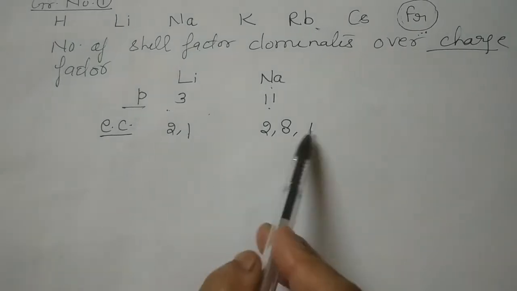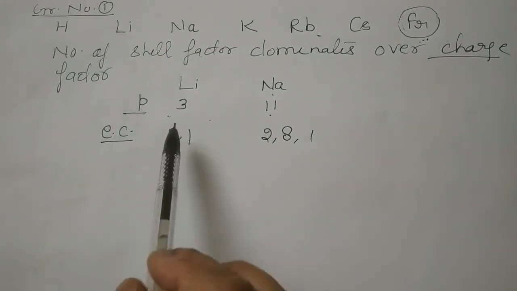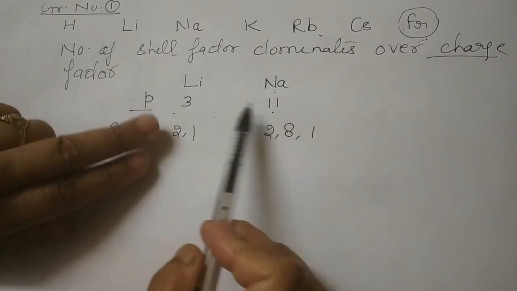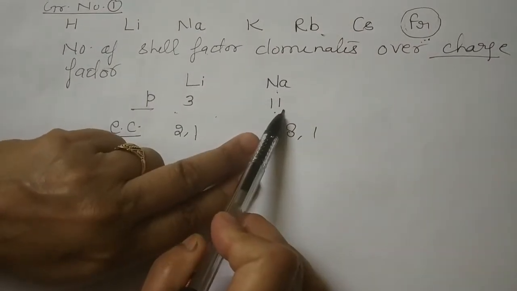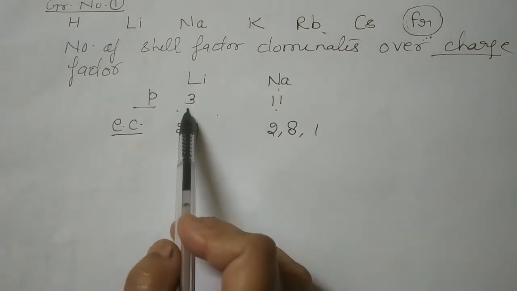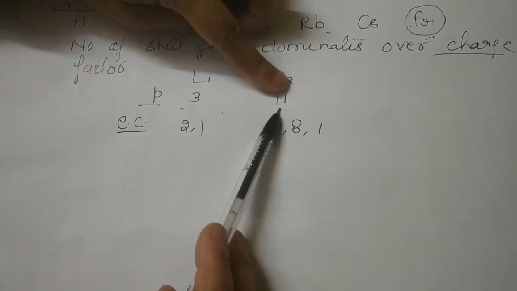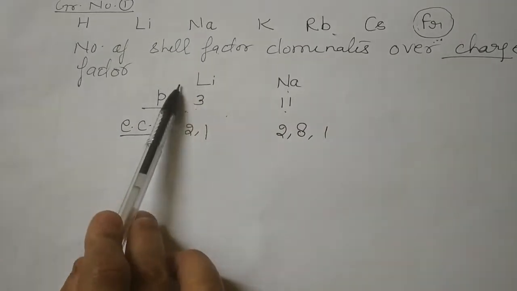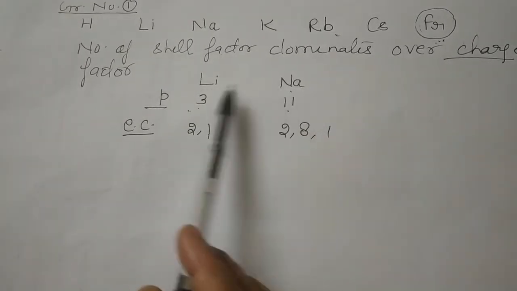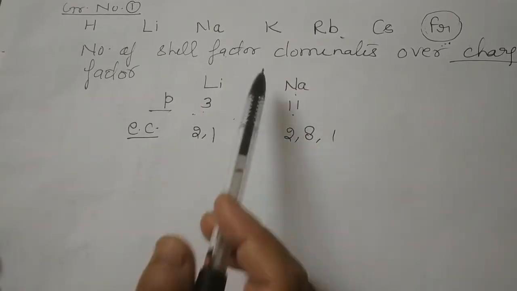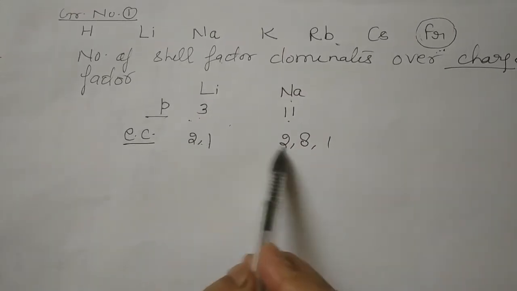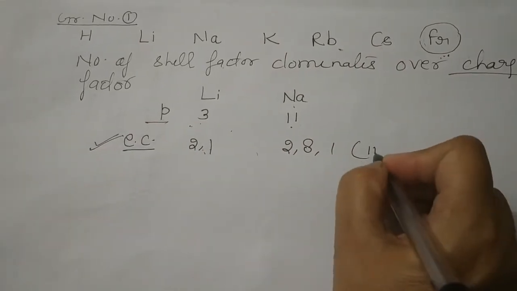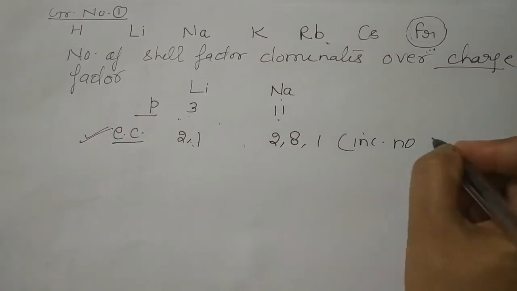Both of them belong to the same group. So when the number of protons increases from lithium to sodium, that means the nuclear charge is increased here, and the size should decrease. But actually, when we consider one group from top to bottom, size increases because this is the major factor: electronic configuration, meaning an increased number of shells.